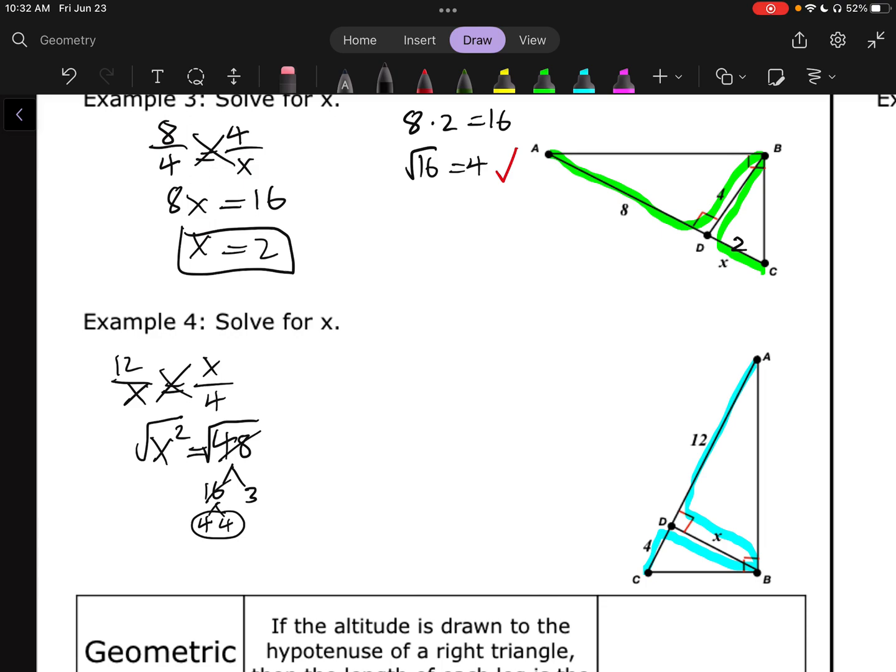So remember, if you get a perfect square, you get to bring that to the outside, and then you leave the thing that isn't a perfect square on the inside. So that would be 4 square root 3. And there we go, 4 root 3. Cool.